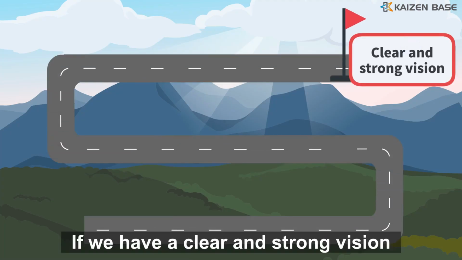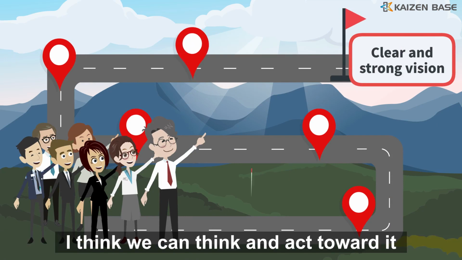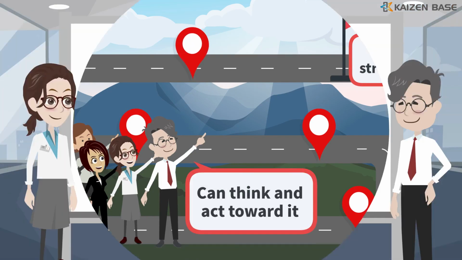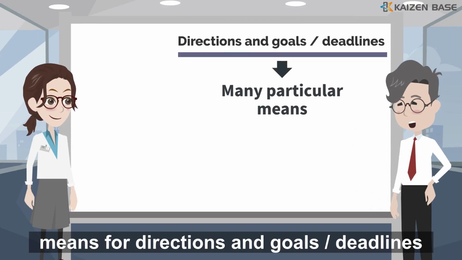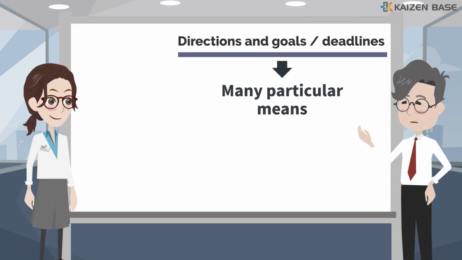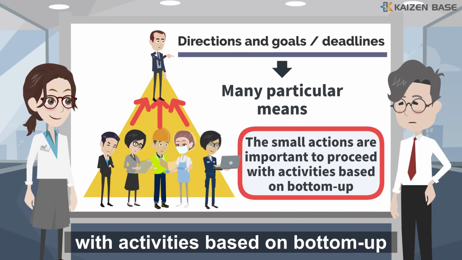If we have a clear and strong vision of which direction we should take and what our goals are, I think we can think and act toward it. There should be many particular means for the directions and goals and deadlines instructed with top-down. The small actions are important to proceed with activities based on bottom-up.